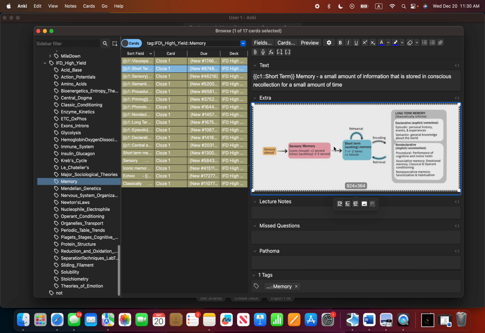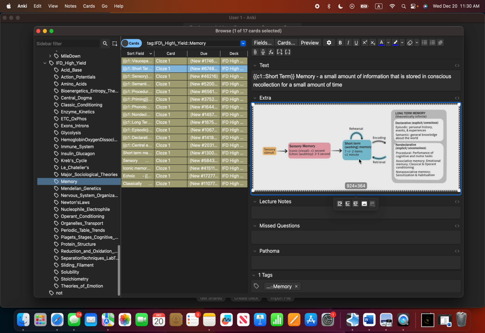Sensory memory is iconic, visual, less than 1 second, and echoic, auditory, 2 to 3 seconds. Then you rehearse it in short-term or working memory, which holds 7 plus or minus 2 items, the 9-digit rule, and lasts less than 1 minute.